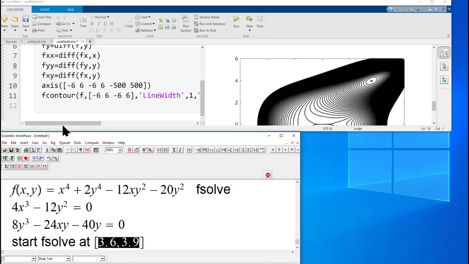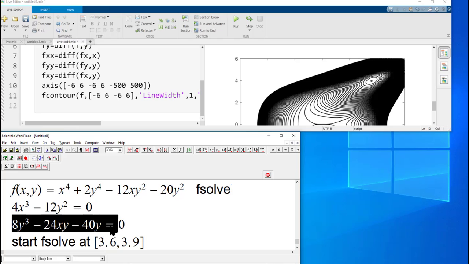Recall that we obtained these equations by setting the first partial derivatives with respect to x and y of f equal to 0.